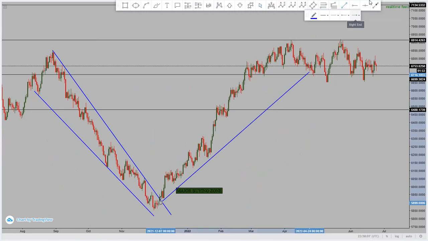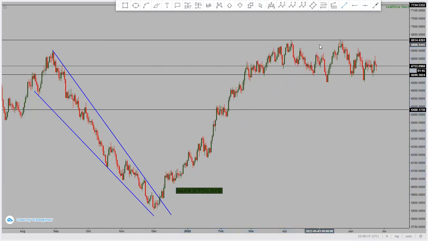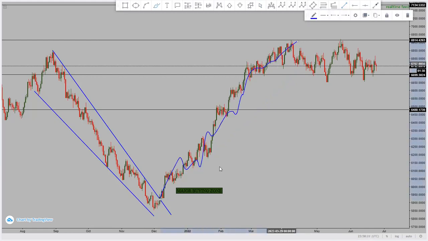So now, if you check price right now, it's ranging. Price currently is ranging after this push to the upside, pushing higher high, higher low, higher high, higher low, up until we got to this range.